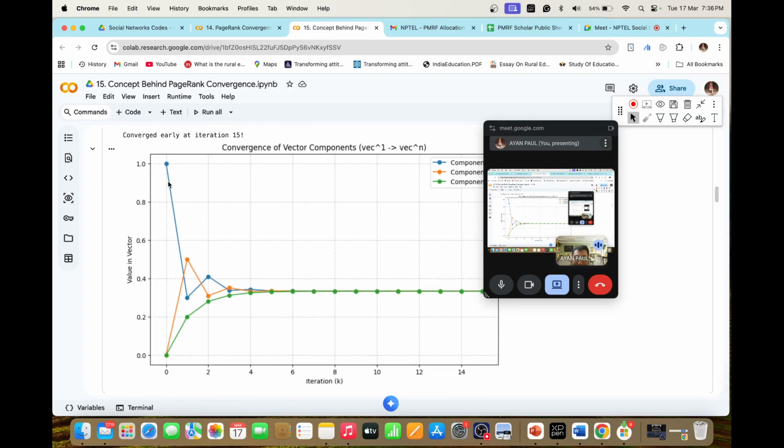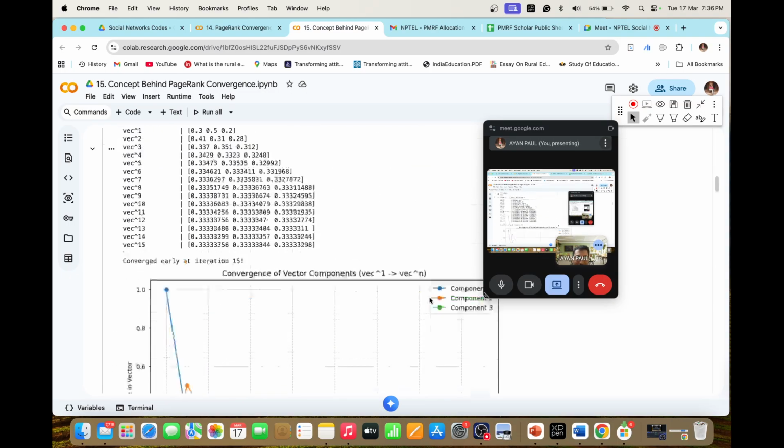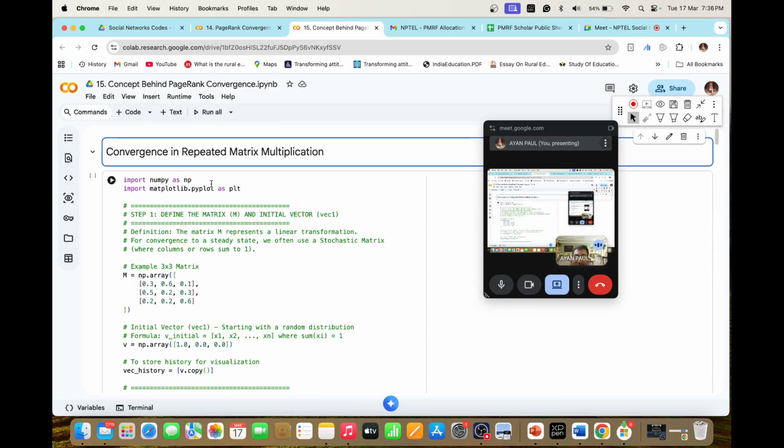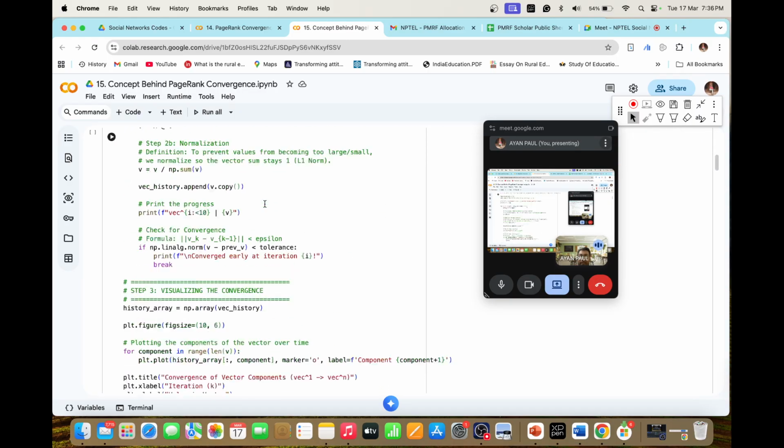Initially you can see different components, at 0 we have the highest blue component 1, and 0 for orange and green. But after about the fifth iteration, almost all the components converge to a stable value. So this is convergence in repeated matrix multiplication.